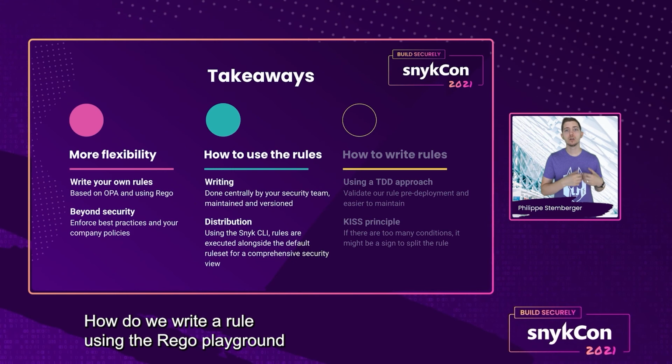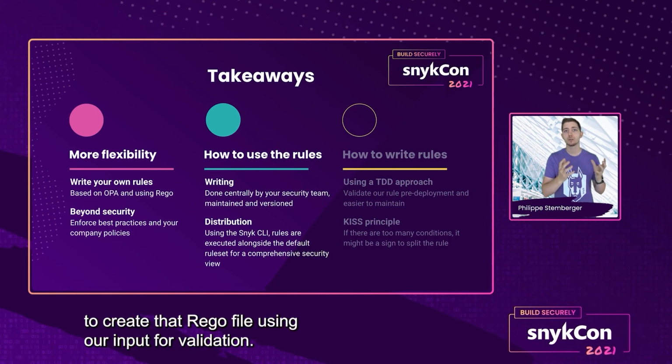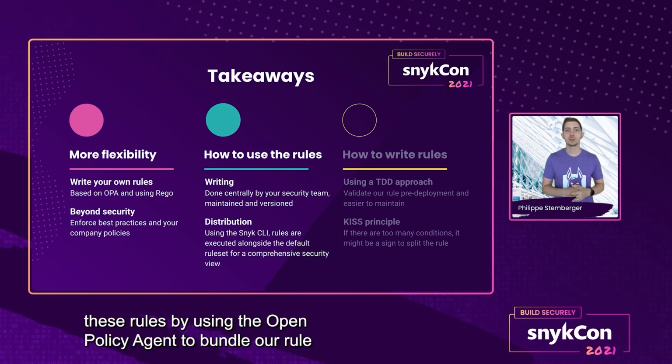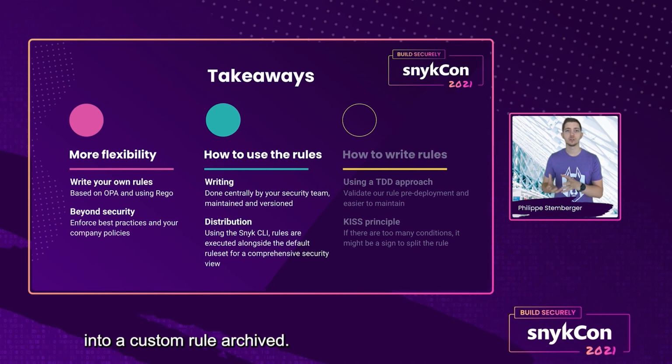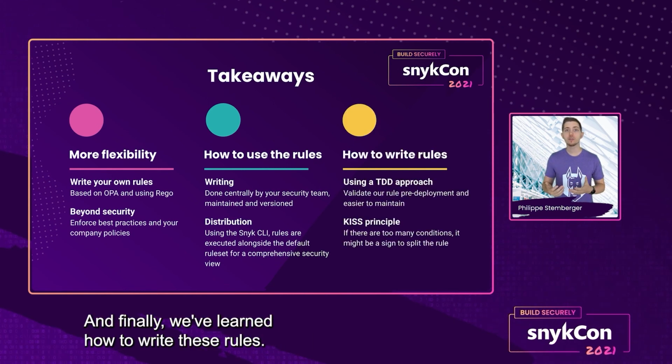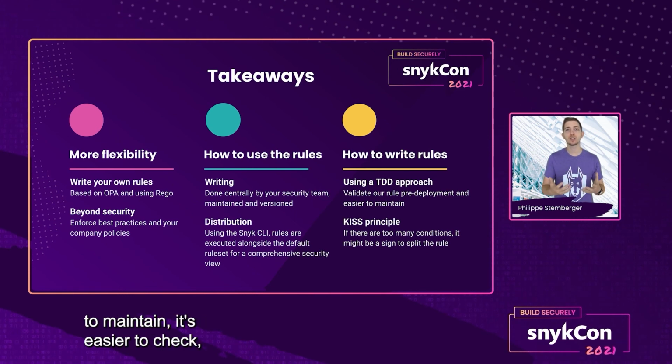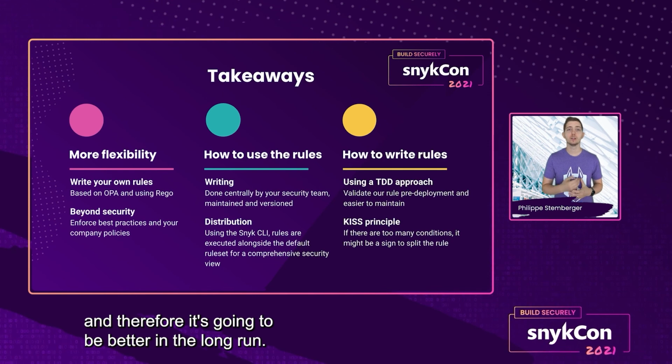How do we write a rule using the Rego playground to create that Rego file using our input for validation? We've learned how to package and distribute those rules by using the Open Policy Agent to bundle our rule into a custom rule archive. And finally, we've learned how to write these rules by using a TDD approach. We've learned that it's easier to maintain, it's easier to check, and therefore it's going to be better in the long run.